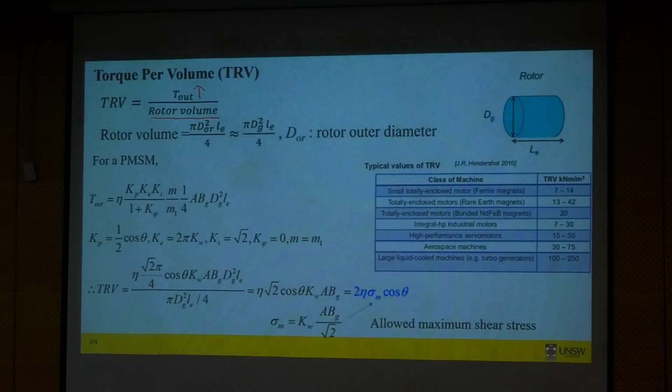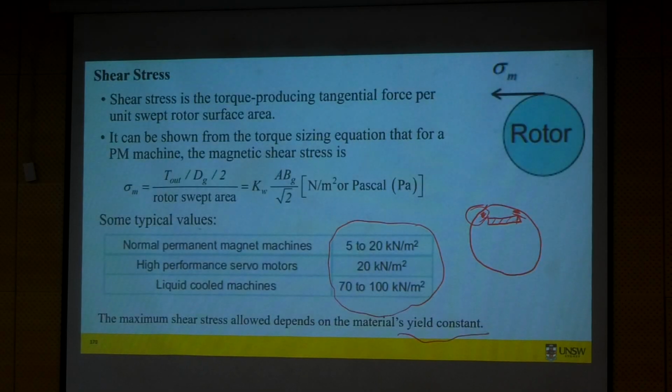Starting from the sizing equation of the torque and TRV's definition, which is output torque over rotor volume, where output torque is from our sizing equation divided by the rotor volume, if we put all our parameters there, it can be shown that TRV is proportional to the maximum shear stress that we defined in the previous slide.